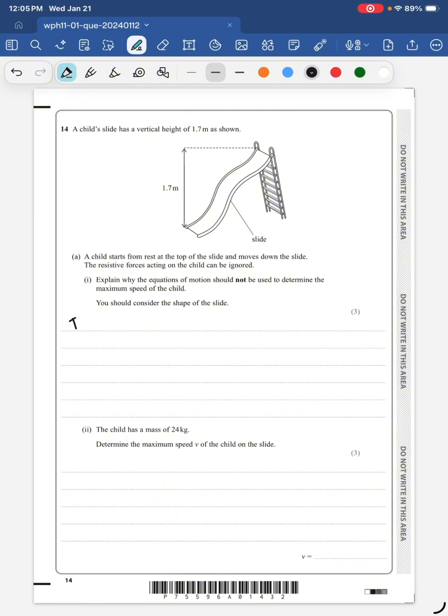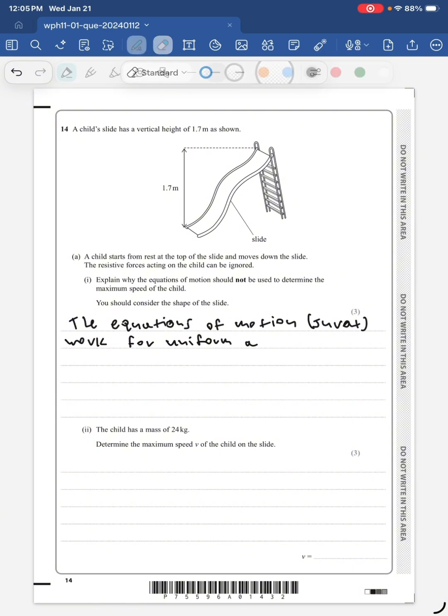So the equations of motion, SUVAT, work for uniform acceleration.